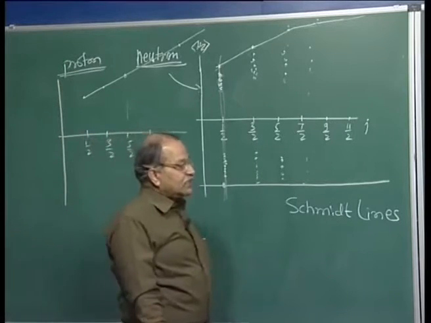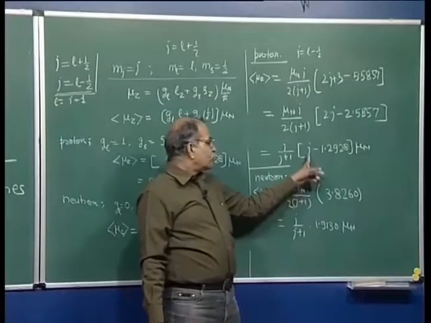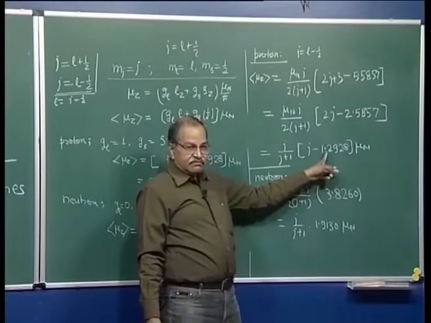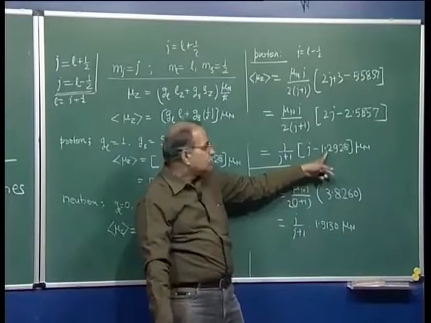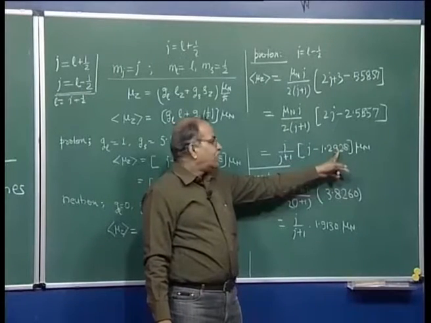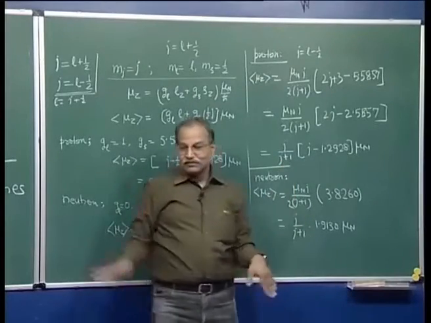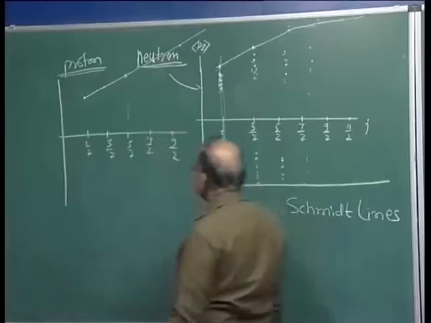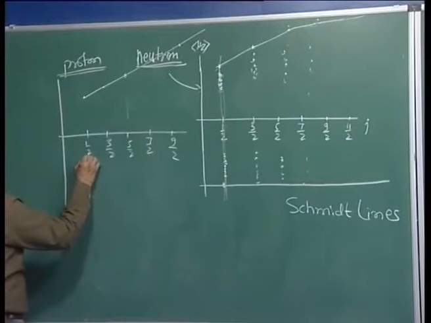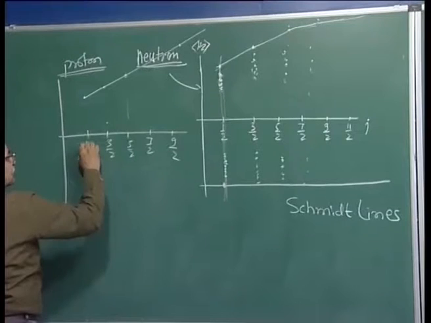Whereas, for the other expression, if you take from here, j equal to 1 by 2 will make it negative. So, it will start below, but j equal to 3 by 2 will make it positive, and it is a little bit non-linear because of this j plus 1. So, it will not be on a line, the first one may be somewhere here and the second one will go up and so on.